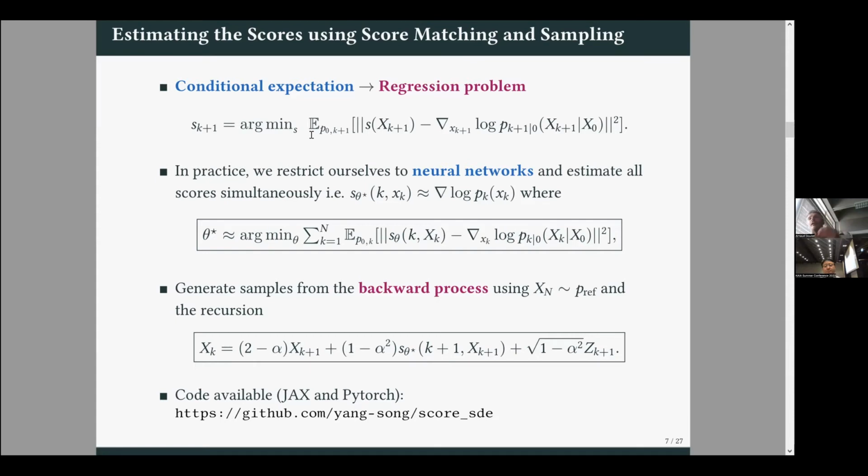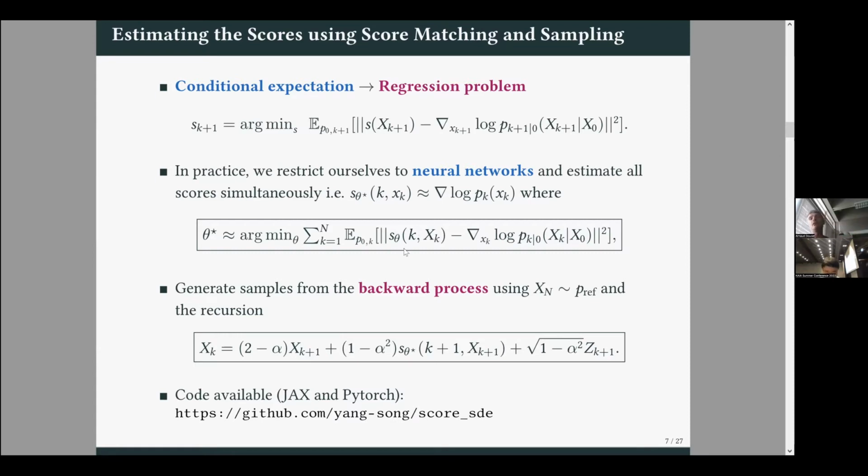And instead of having a different neural network to approximate each score, we use one single neural net. We give it two inputs, time and space, and we minimize essentially this kind of square error.